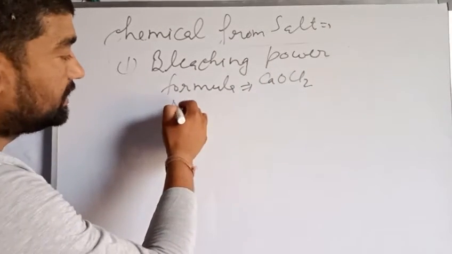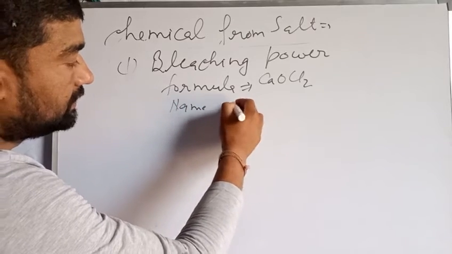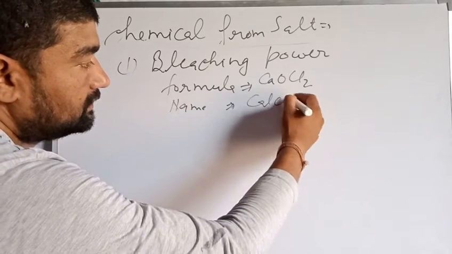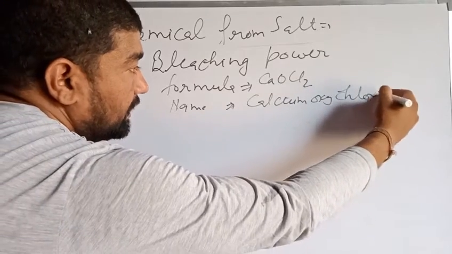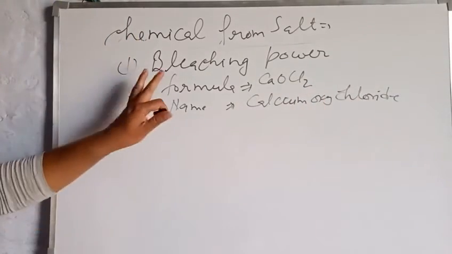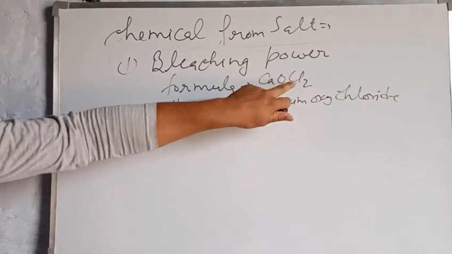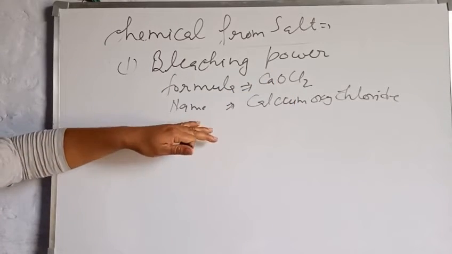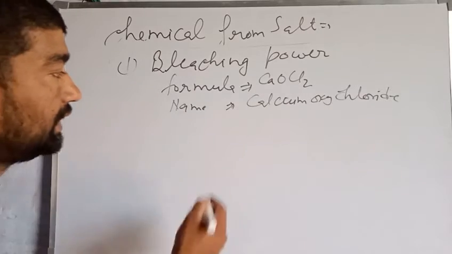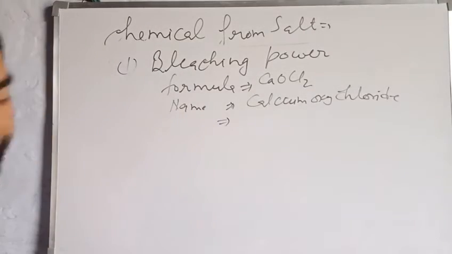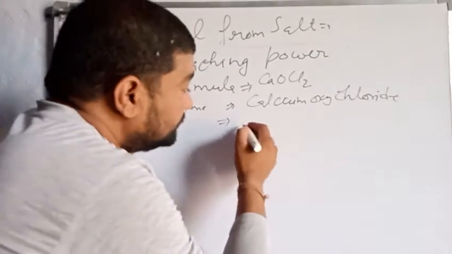Its chemical name is calcium oxychloride. So bleaching powder, the formula is CaOCl2 and the chemical name is calcium oxychloride, and it's also known as chloride of lime.